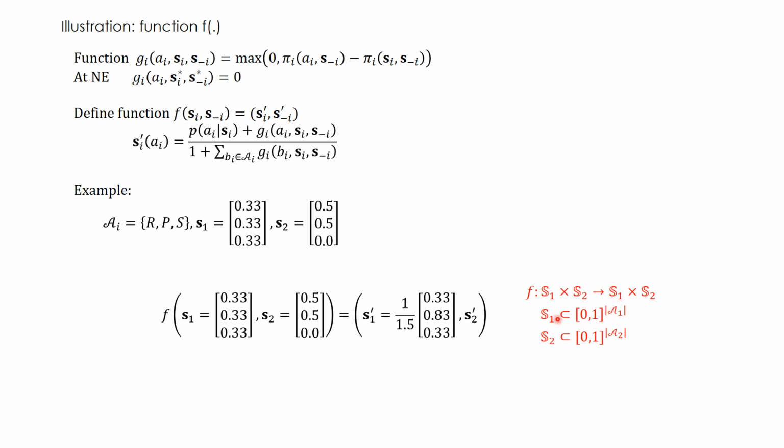A1 is RPS, so this is 3. So this S1 is a subset of [0, 1] cubed, and S2 is also the same here. It's the interval [0, 1] cubed. But note that each of these is a three-dimensional vector, but the sum of elements must add up to 1 because they're probabilities. That's why it's a proper subset.